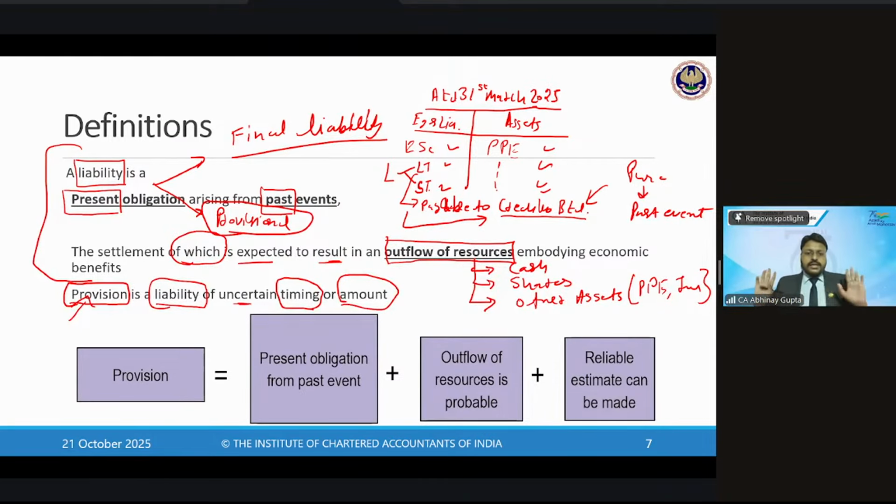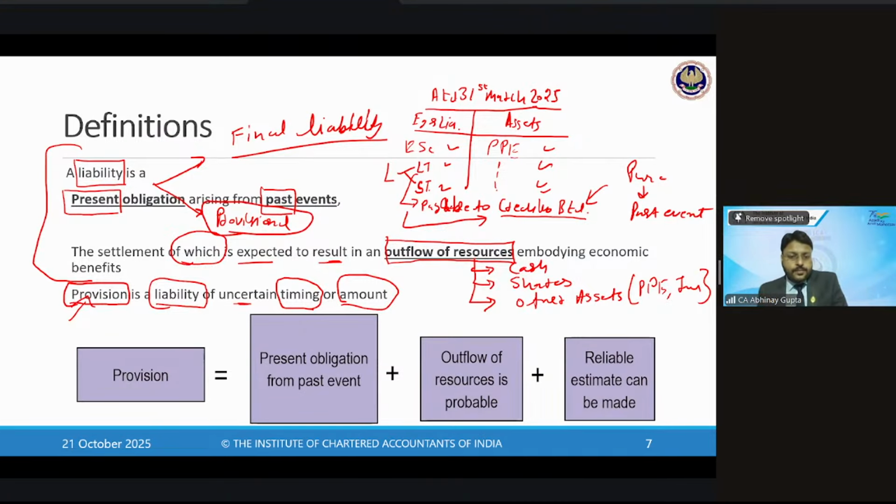Something is not clear. That's why this is called a provisional liability and not the final liability. So instead of saying the long phrase provisional liability, we simply say provision. Is that clear? Clear.